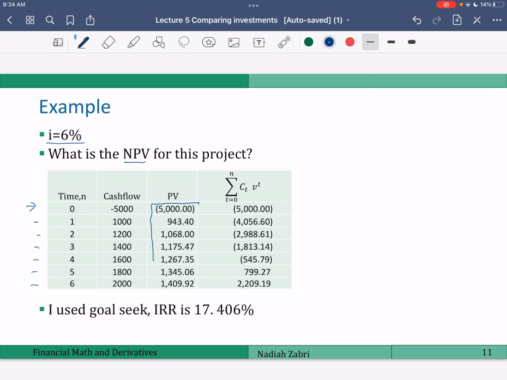So you sum this all up, you'll get the net present value, which in this case is 2,209. What is the IRR for this project? What is the i that can make this NPV equal to 0? So we use GoalSeek. So we get 17.406. With a yield of 17.406, this project will break even technically.